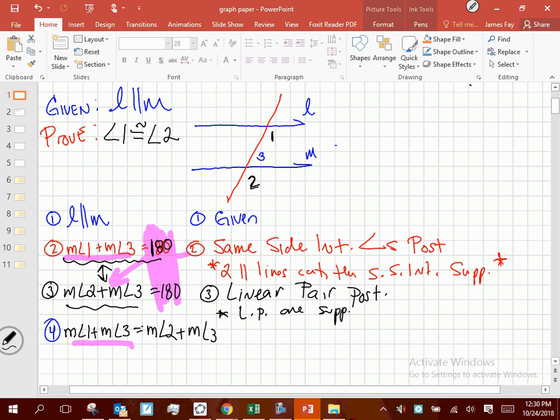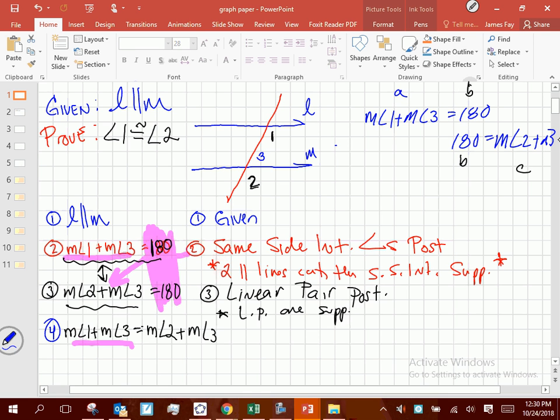If you're a person that says transitive property there, I'm not against that. Would you guys agree with this? If I wrote it this way, 1 plus 3 equals 180, and then 180 equals 2 plus 3. This is an A idea, this is a B idea, this is a B idea, and this is C. Does that allow you to get from A to B and then B to C, and go straight from A to C?